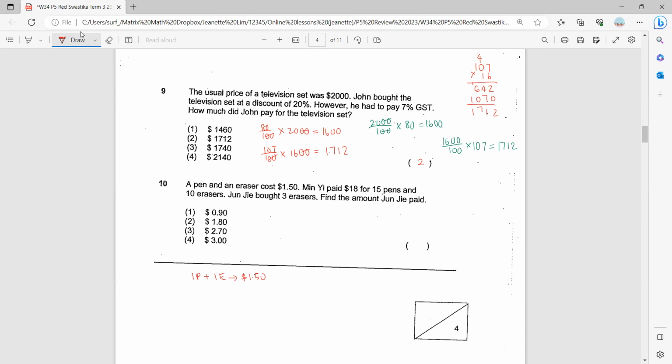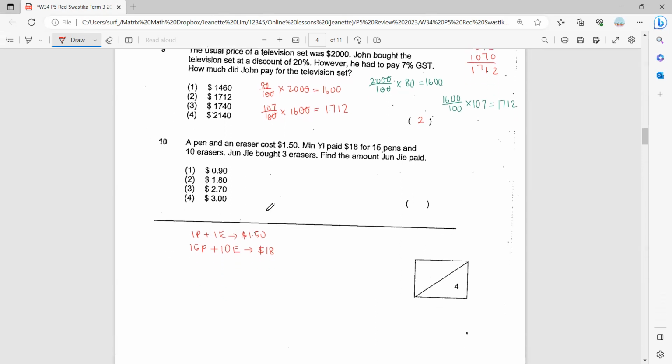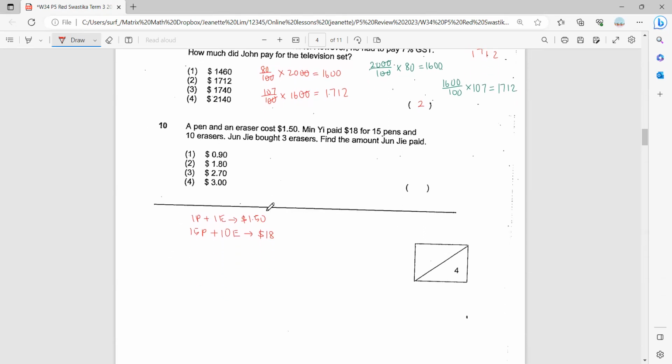Then 15 pens plus 10 erasers is $18. We are supposed to find the cost of 3 erasers.